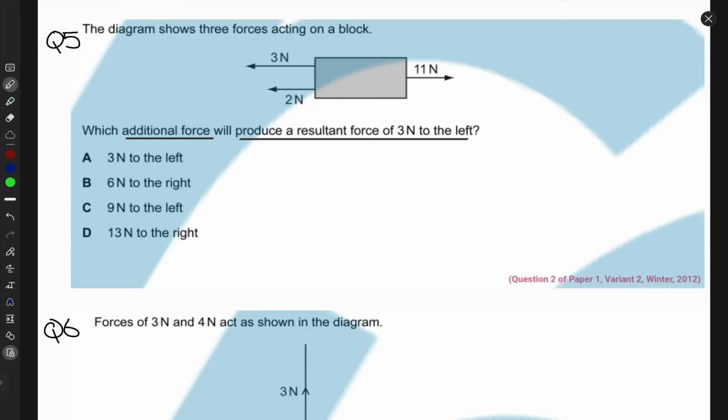Yes, no problem, the question is clear. Can I answer? Okay, yes, of course, go ahead. Is it C? Okay, so what would be your reasoning behind 9 newtons to the left? 3 plus 9 plus 2 is equal to 14, and 14 minus 11 will equal 3 newtons.